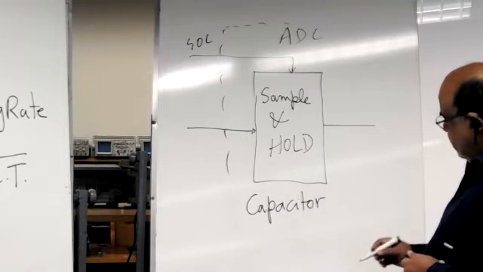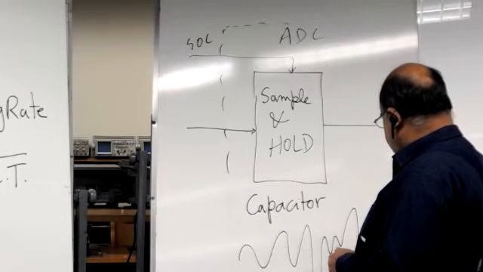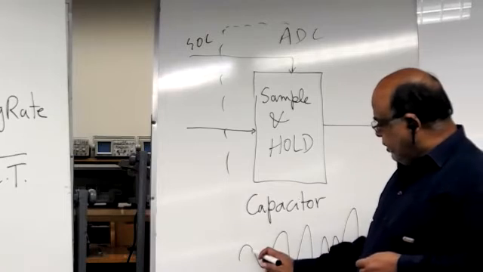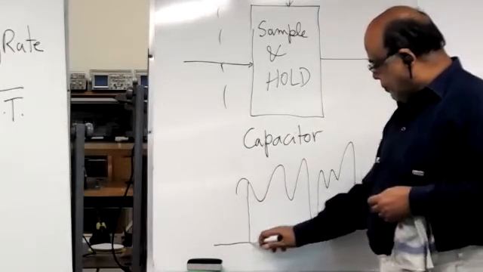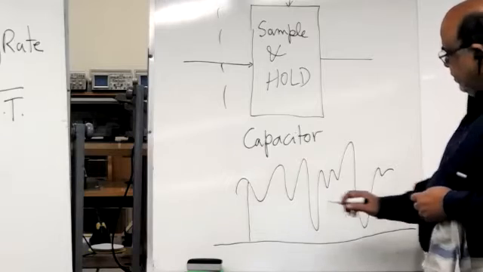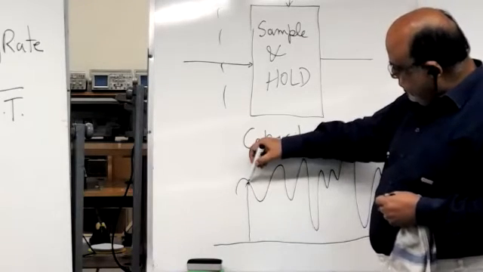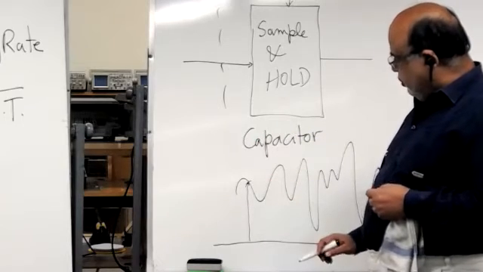So if you have a time varying signal over here, and you want to sample it, say for example, you want to sample it here. This is your sample point. Then this sample needs to be held constant before it is being converted.